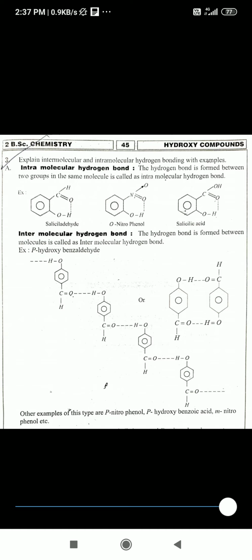A partial bond is formed between O from NO2 and H from OH. That is called intramolecular hydrogen bond. So a hydrogen bond is formed within the molecule, not between two molecules, that means in the same molecule.